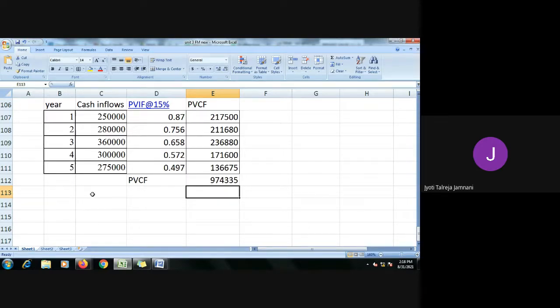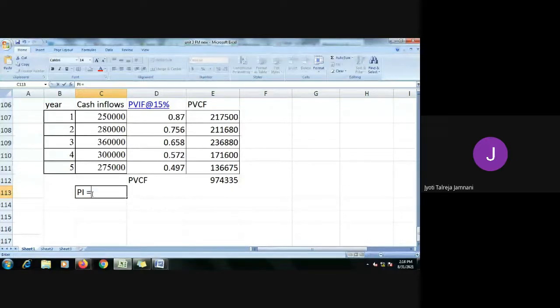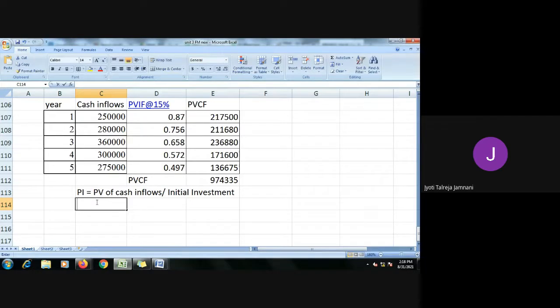Now the formula of profitability index is PI. I'll call it PI. PI is equal to present value of cash inflows divided by the initial investment, or you can also say present value of cash outflows. So we'll find PI now.